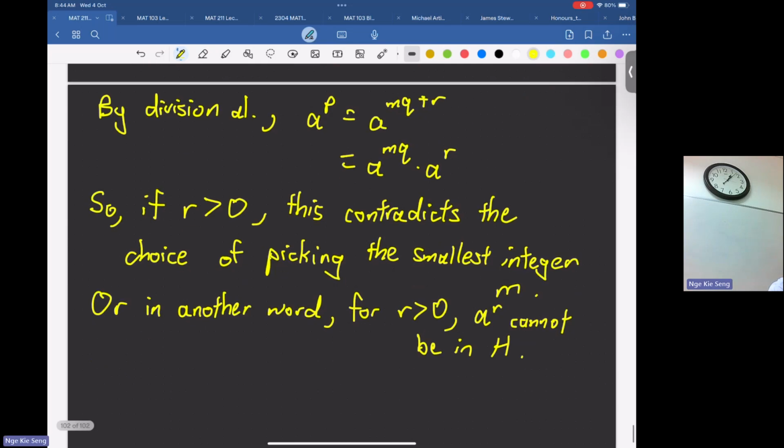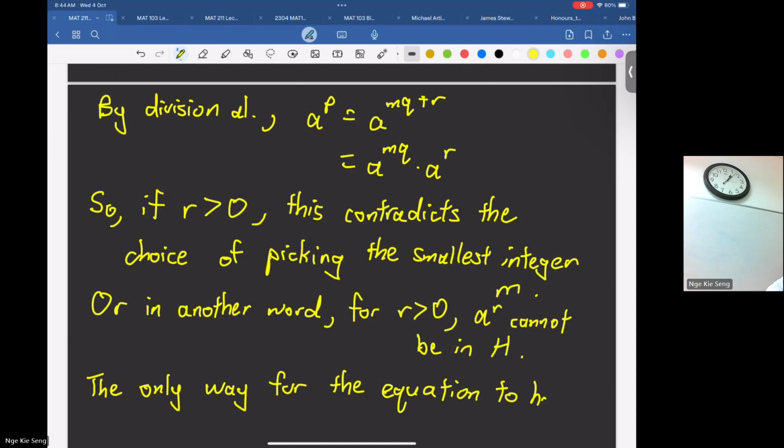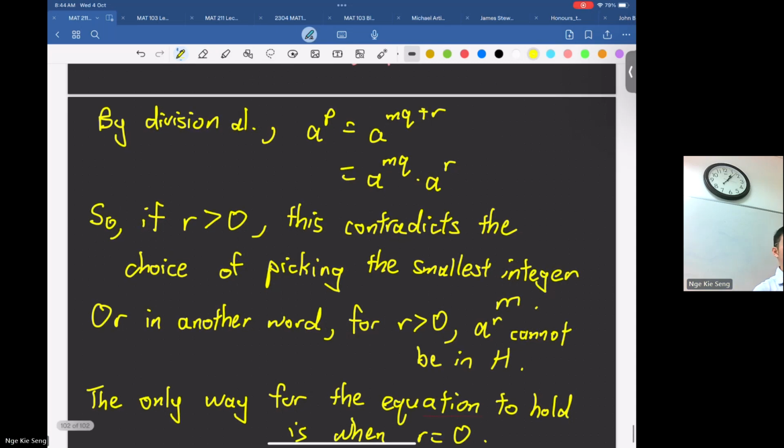So the only way for the equation to hold is when R equals 0. When R is greater than 0, then you contradict the assumption.